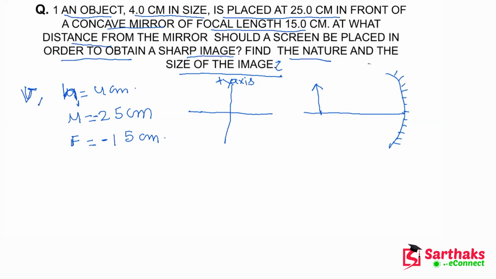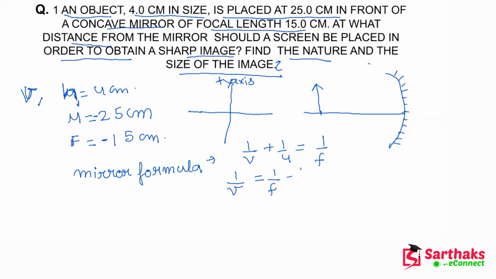Now let's calculate the image distance. It is very simple. We know the mirror formula, and that is 1 upon v plus 1 upon u is equal to 1 upon f. Now we have to calculate 1 upon v, so I will send 1 upon u to the other side.